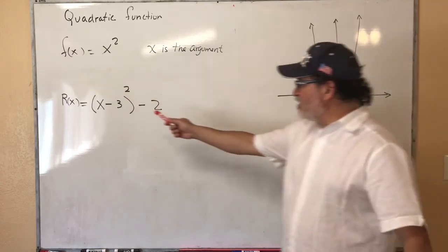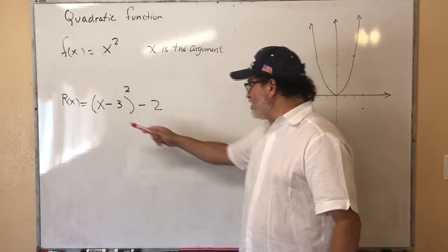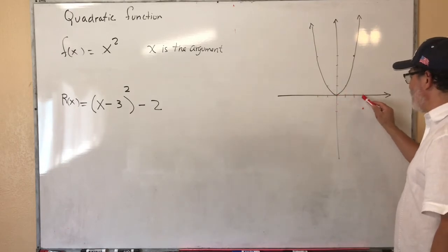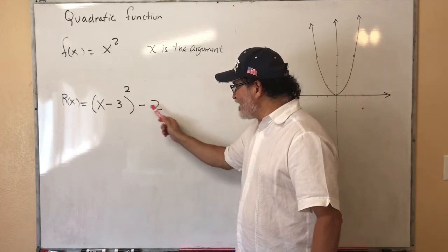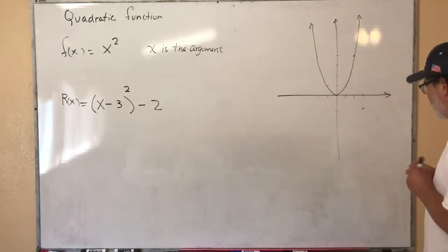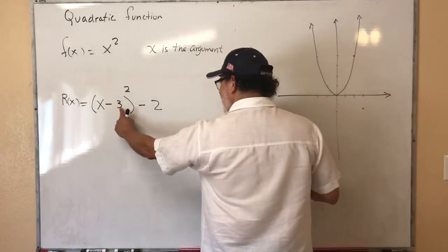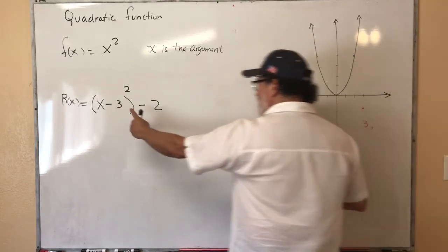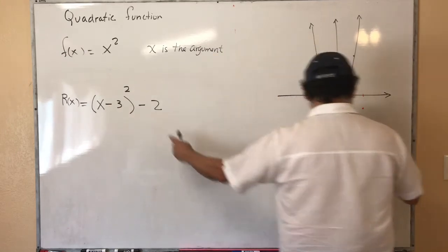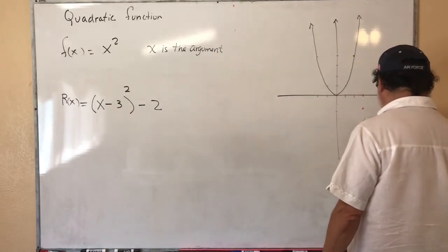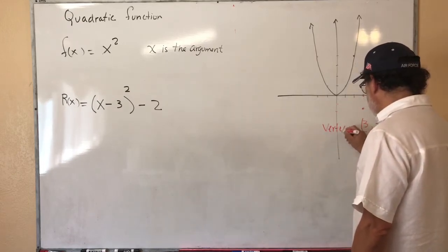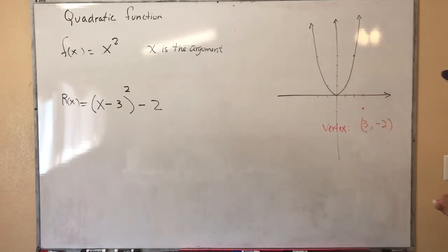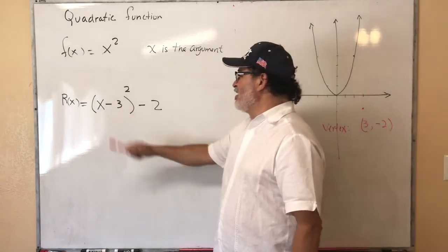So this really tells me the new vertex. This one is telling me 3 units right and 2 units down. So therefore, take this 3, take the opposite of this, and do not take the opposite of that, and that's the new vertex. It's the opposite of this and not the opposite of that.